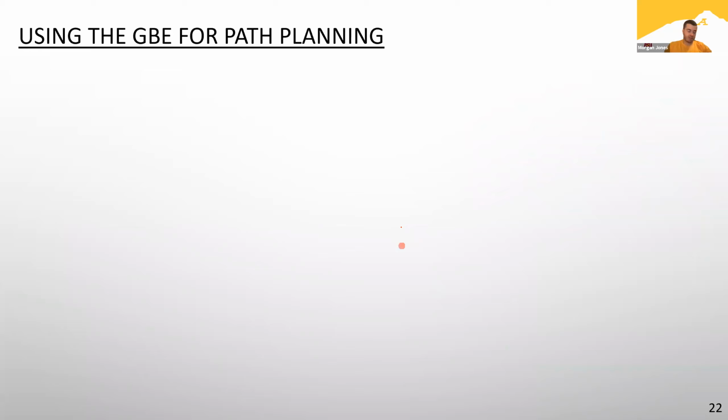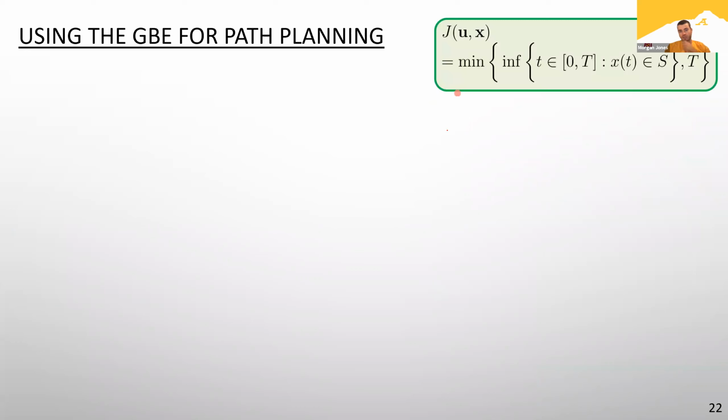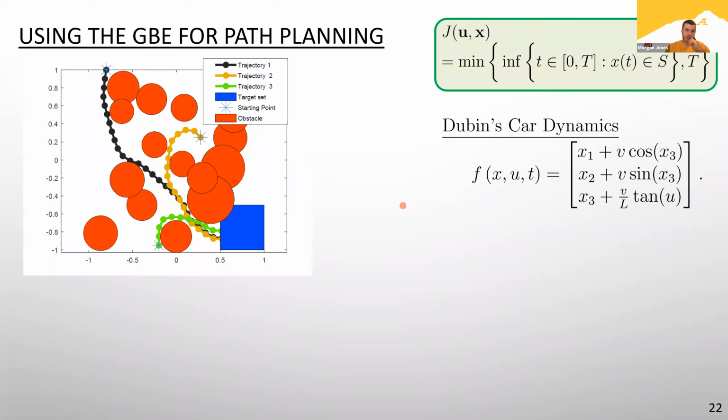So we solved our generalization of Bellman's equation to minimize this objective function for the Dubin's car dynamics. The graph on the left shows a blue square, and that's the goal set S. And it shows obstacles that we also were trying to avoid. And it shows 3 initial starting conditions, and the controller successfully points the car in the correct direction, such that the car gets to the blue square as fast as possible.